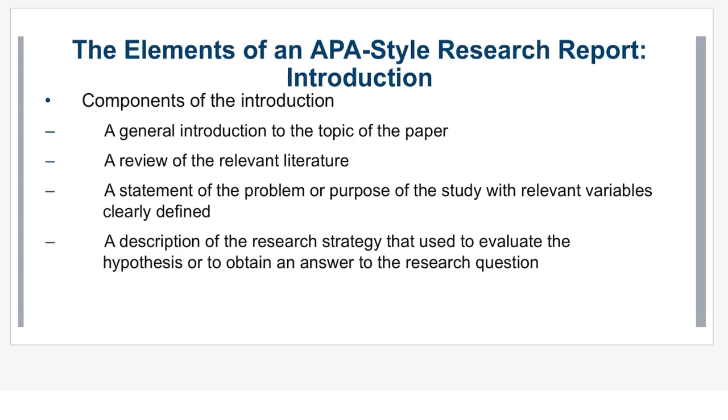It's usually a few pages long, but that can vary wildly depending on what kind of research you're doing and how much background information you need to provide on the topic.